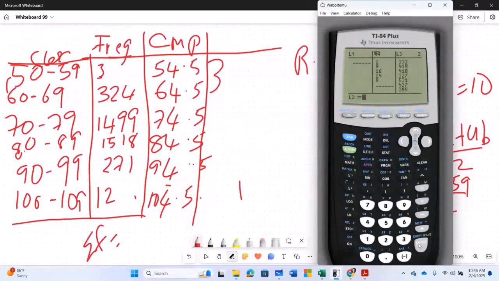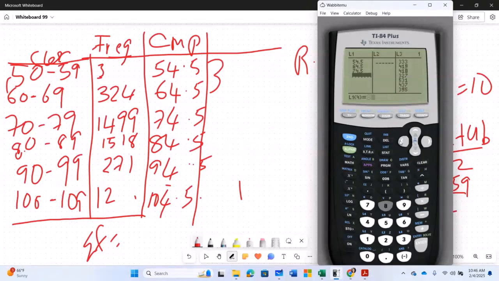In any grouped data, the class midpoint is always in L1. That's the first thing you have to type in your calculator. So 54.5, 64.5. What am I doing? I'm typing the class midpoint. Each class midpoint is the class representative.